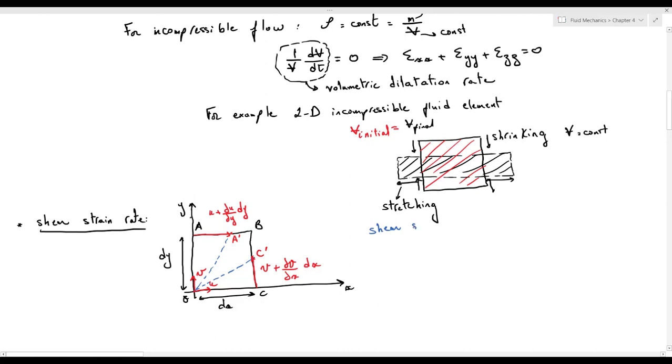So the shear strain rate is defined as half of the rate of decrease in the angle between two initially perpendicular lines.